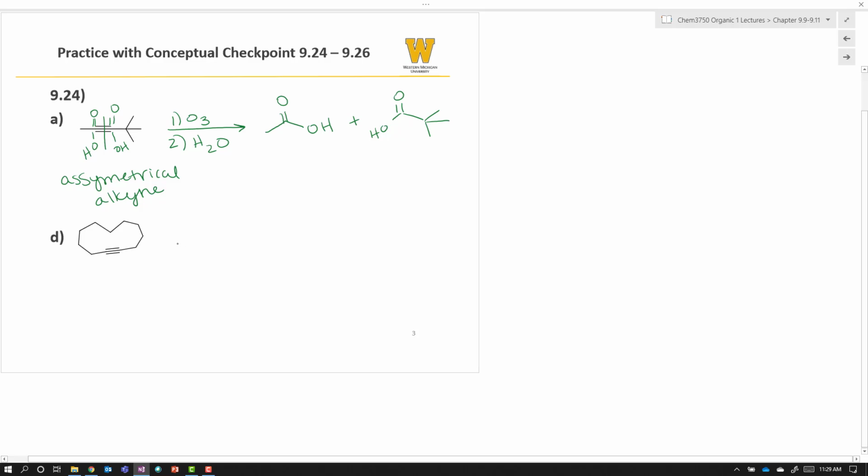What about another example? So again, we're adding in ozone and water to an alkyne here, and we're cleaving at that alkyne. On this carbon on the left, you add an O double bond to that carbon and then an OH.